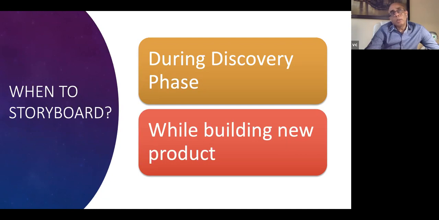When you're building a new product, you will find that maybe certain things are not feasible anymore, especially a product with a long development cycle. And maybe things have changed, maybe new technology has come, and so on and so forth. You may have to go back to the storyboard once again to change. That's one. It could be that a market shift happened. So you may have to go back to the storyboard and say, okay, here we were, now we need to change our story to something else because we need to react to certain market conditions.